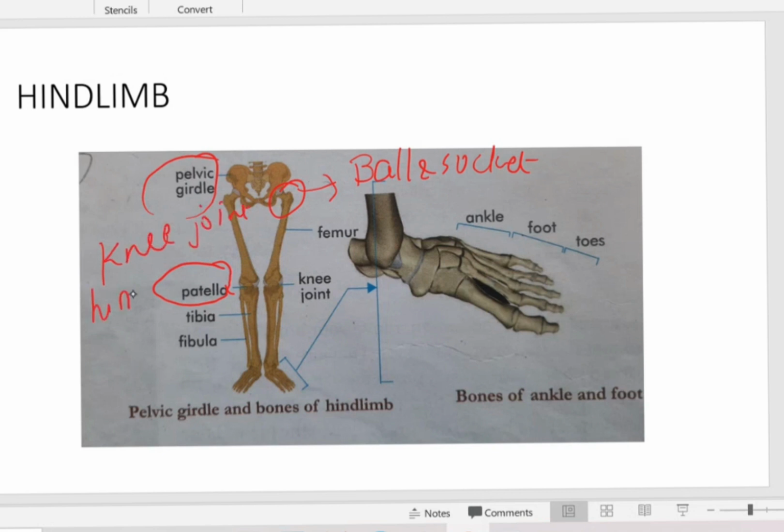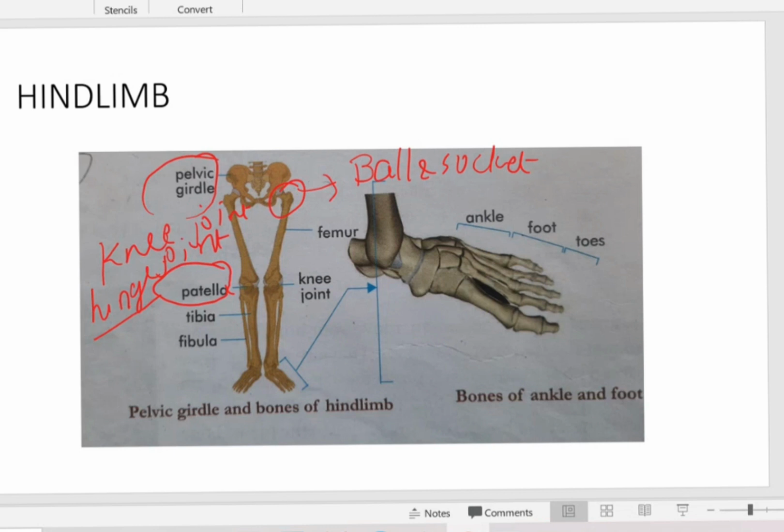Hinge. Like your elbow and knee, it is a type of joint called hinge joint. So the hinge joint is connecting the femur to the lower part of your leg.